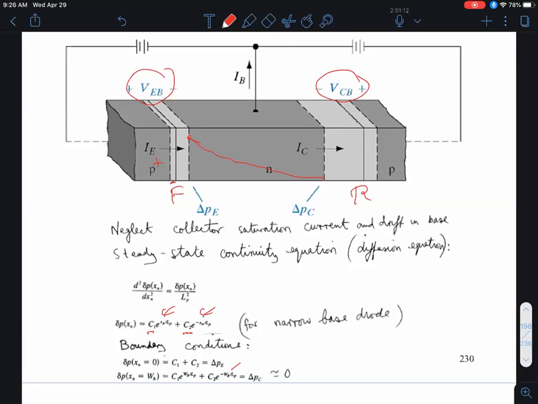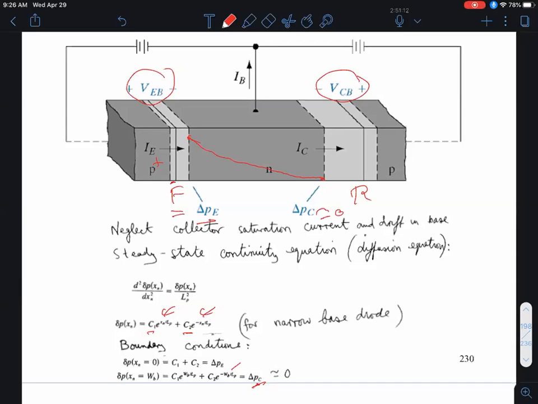What are the boundary conditions? You can assume that delta PC is approximately equal to 0 because this junction is reverse biased, okay? It's actually not 0, it'll be actually minus p sub n, right? The minority carrier hole concentration in the n-type base, but approximately 0, okay? The delta PE, on the other hand, will be large, okay?